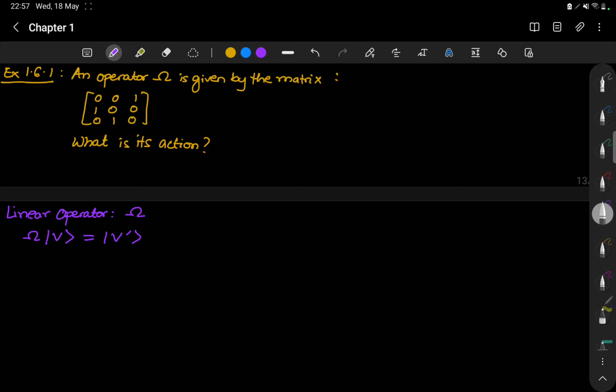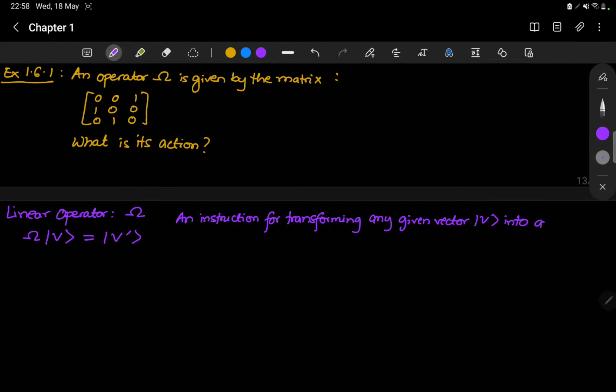So an operator omega is a linear operator and it's basically an instruction for transforming any given vector v into another vector v prime.